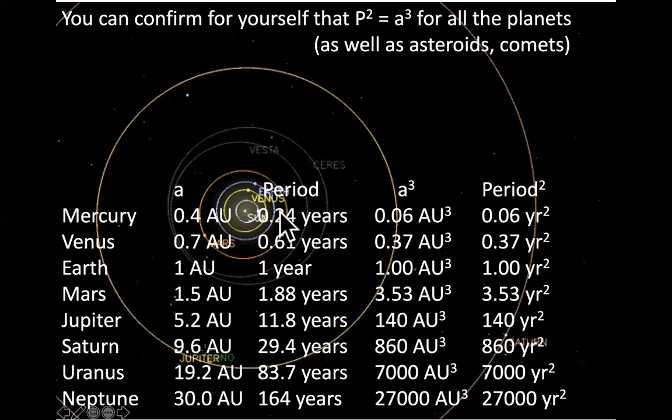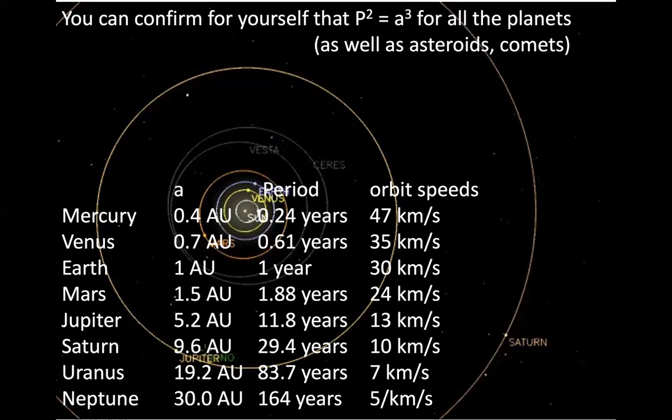The period says how long it takes to travel around that path. Taking those two pieces of information, you can calculate the average speed of the object around its path. Now, that can vary a little bit if the orbit's eccentric, but it's still a good measure of the average orbit speed. And when you do that calculation, you actually find something interesting.